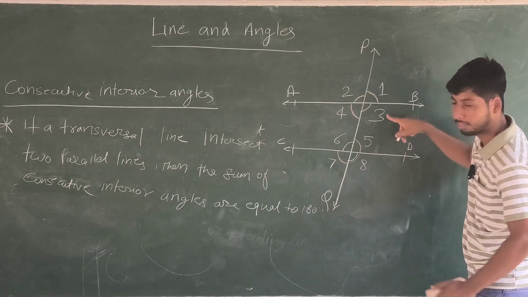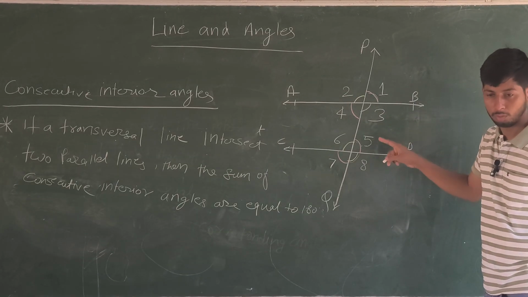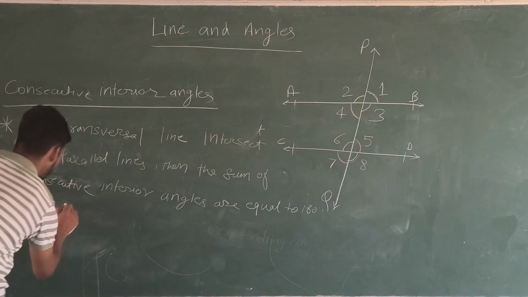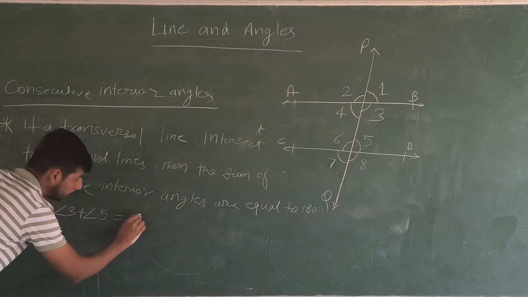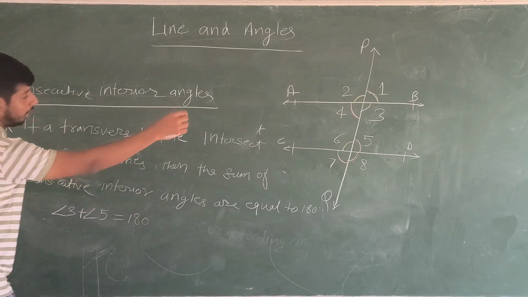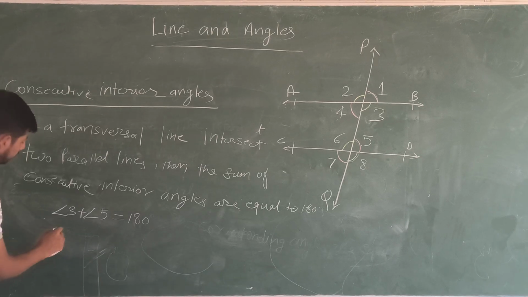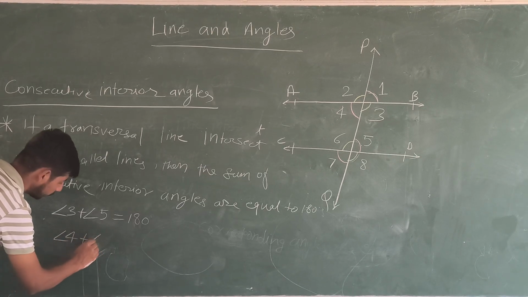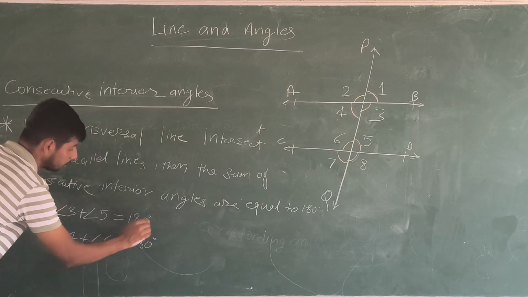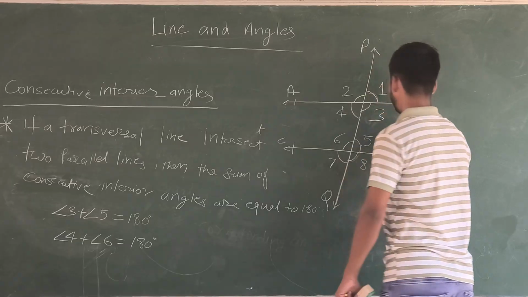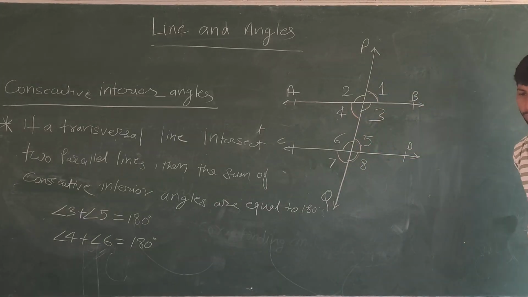Then the sum of the angles should be 180, meaning angle 3 plus angle 5 should be equal to 180 degrees, and similarly angle 4 plus angle 6 is equal to 180. These two plus is equal to 180 and these two equal to 180.